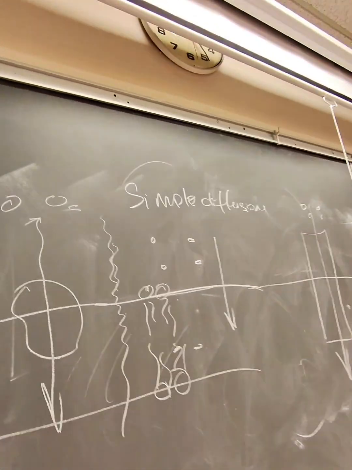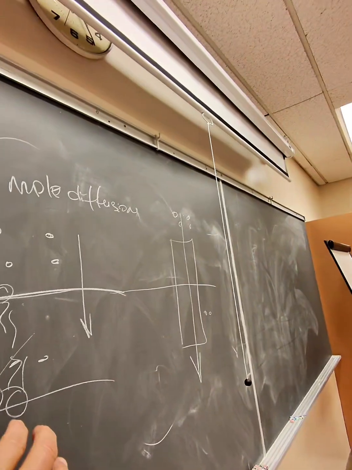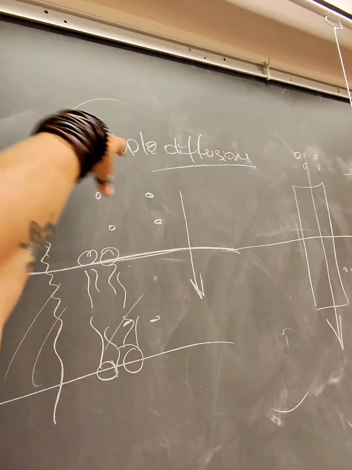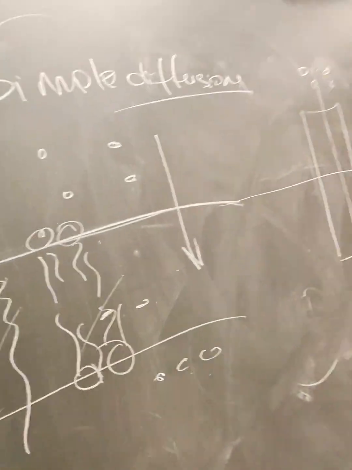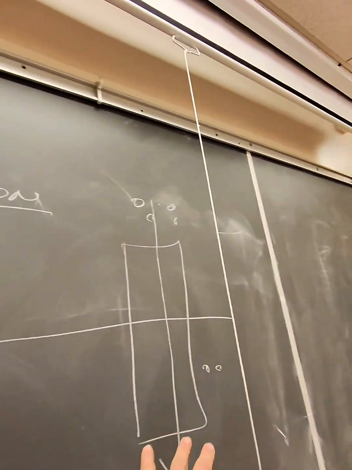But it's still simple diffusion, from high to low. So the term diffusion means that you're going from high concentration gradient of a solid to a low concentration gradient of a solid. This is carrier-mediated or facilitated diffusion.